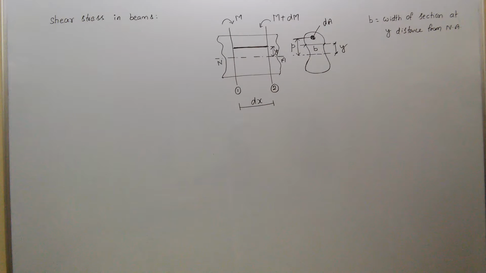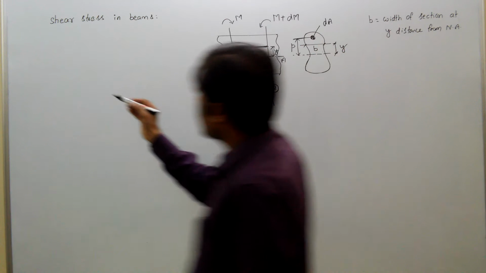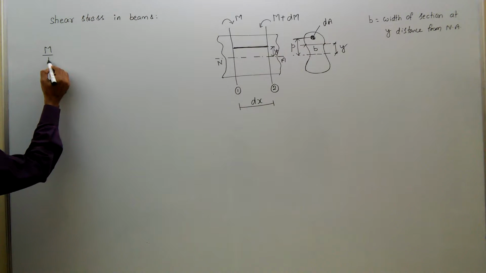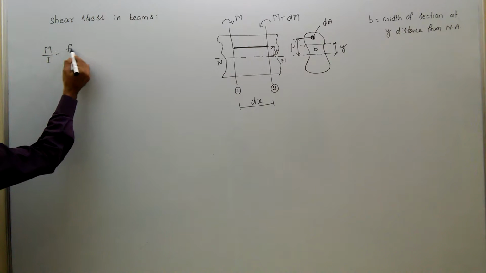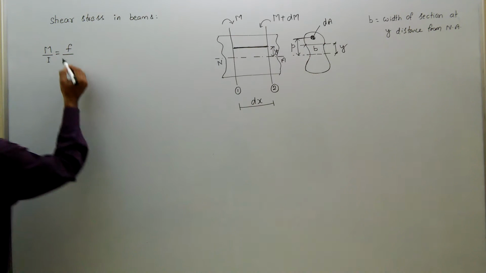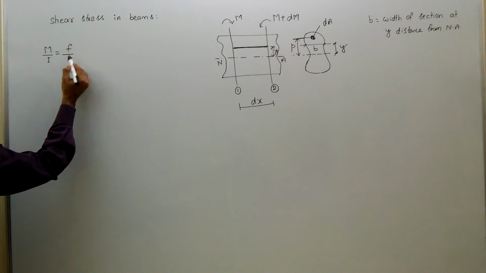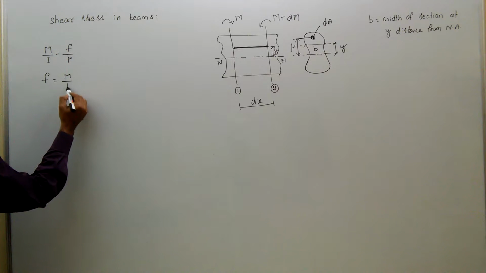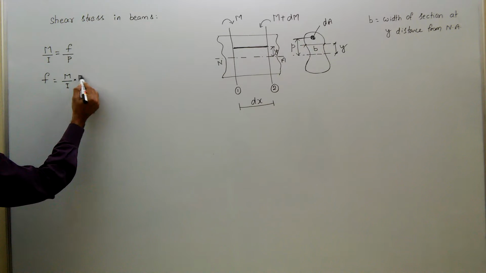We know M by I equal to f by y, where y is the distance from the neutral axis. Here in this case it is p, so f by p. Therefore, stress equals M by I into p.